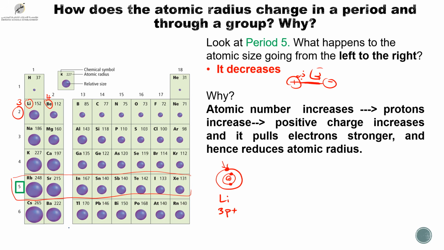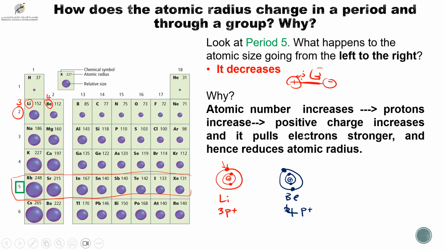And now let's draw beryllium, okay. So beryllium has 2 electrons here and 2 electrons in the outer energy level number 2. So it has 4 protons. Okay, guys? Alright.